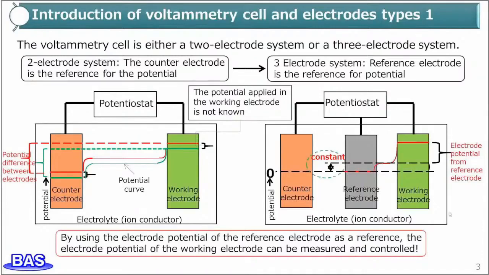On the other hand, in the three-electrode system, the reference electrode is the reference potential, and by changing the potential of the working electrode relative to the reference electrode, the electrode potential of the working electrode can be measured and controlled.